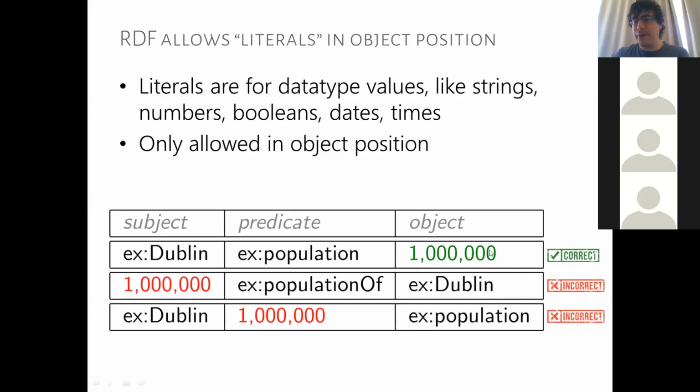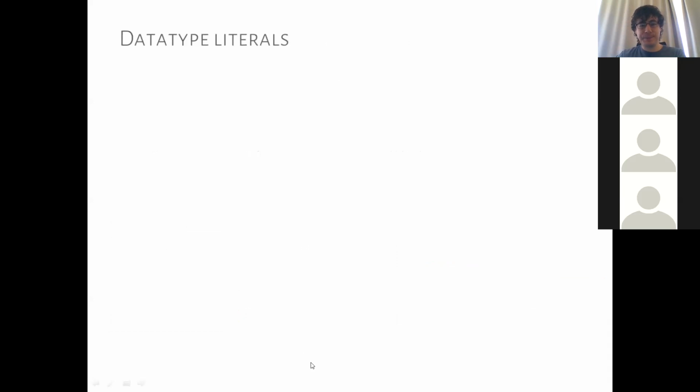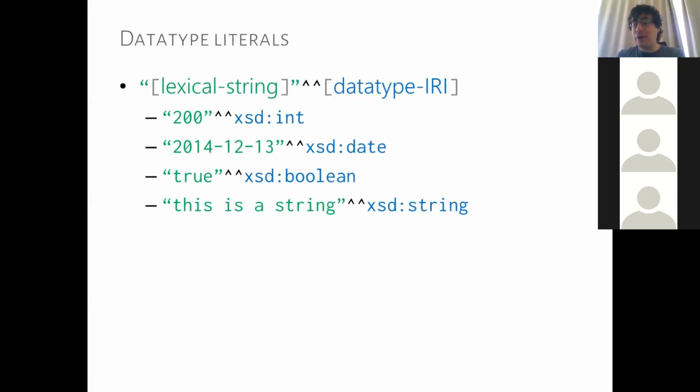So we can have a number or a data type value as an object, but not as a subject or a predicate. So what kinds of values can we have? Or how do we describe these data type values? When we serialize them, what we're going to have is a lexical string followed by a data type IRI. So for example, 200, then the double carets, and then the IRI of the data type.